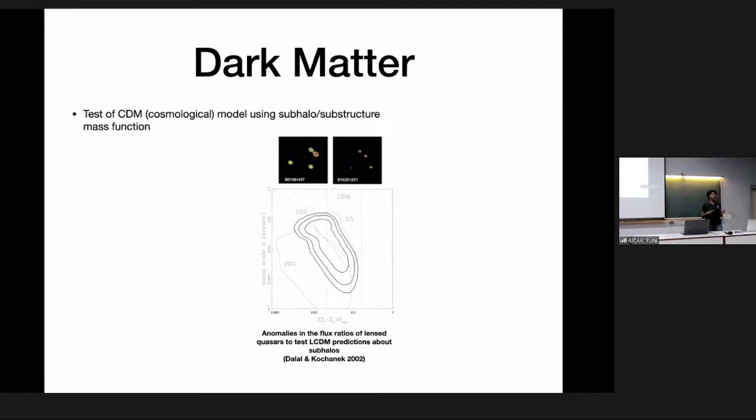Now the other property that we can also look at is the abundance of the dark matter halos. You may have understood through these lectures that the current model of structure formation is this hierarchical model, where smaller dark matter halos combine to form larger dark matter halos.